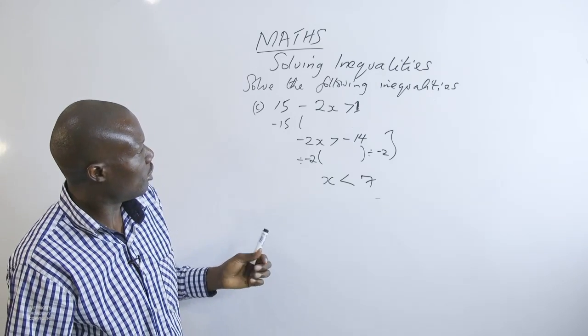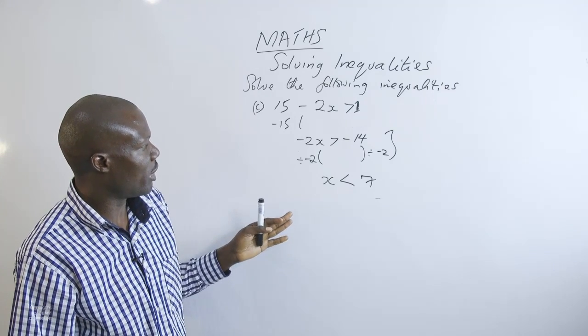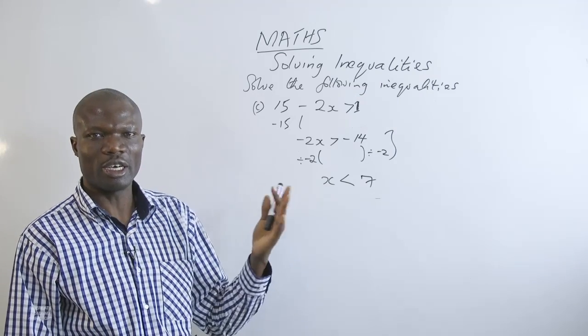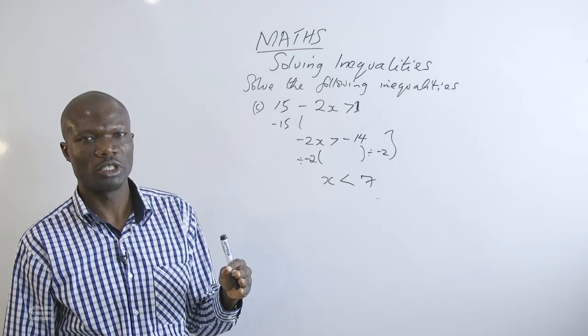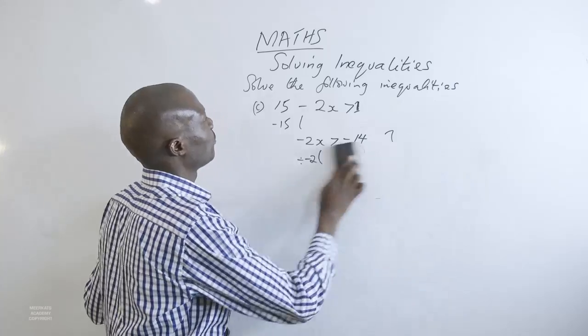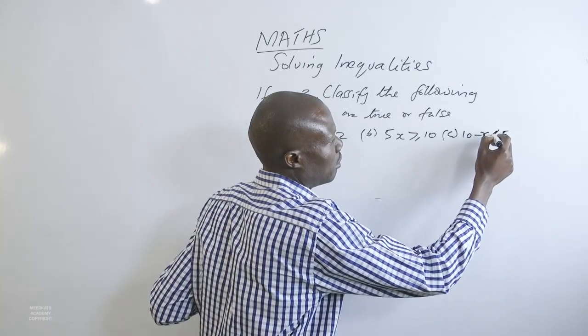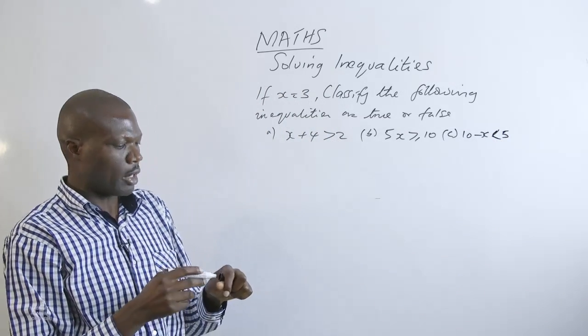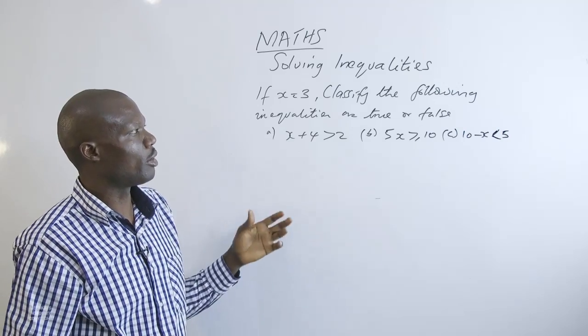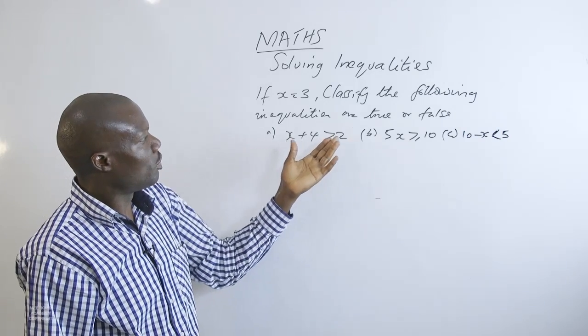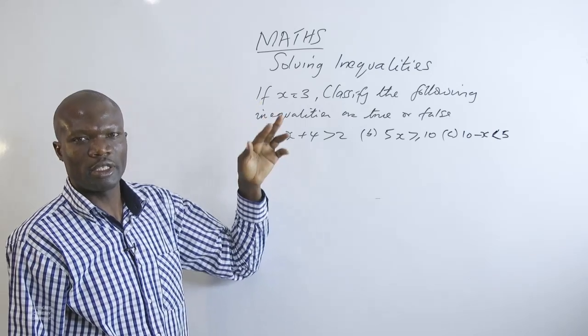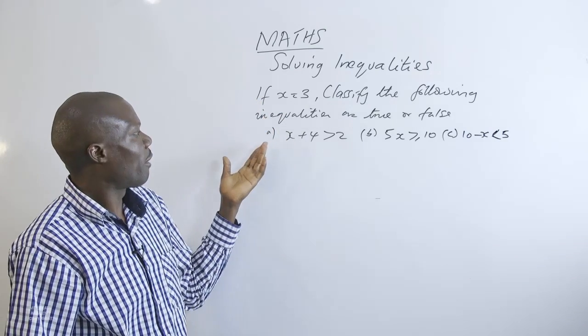So let us look at another way in which inequalities are given or approached. We are to classify the following inequalities as true or false given that x is equal to 3.